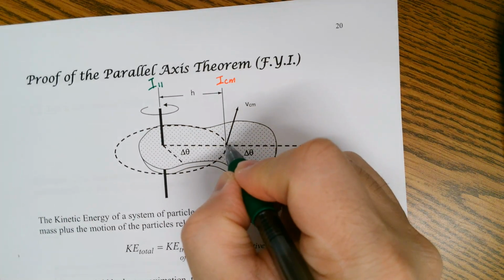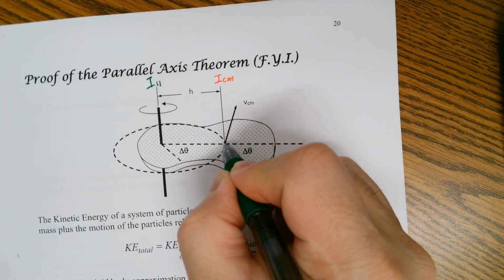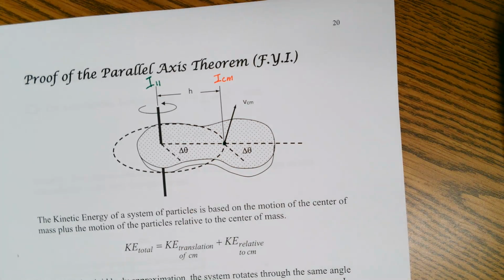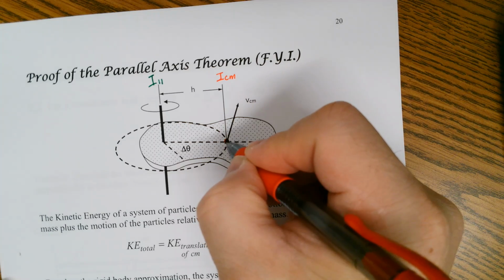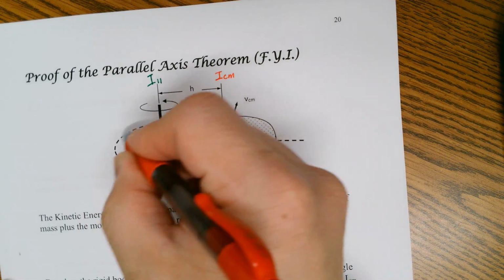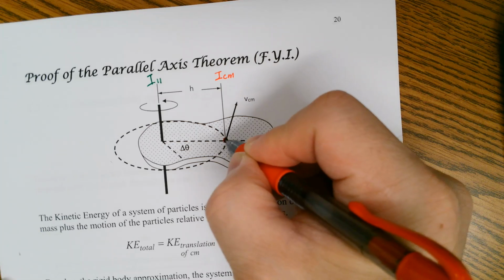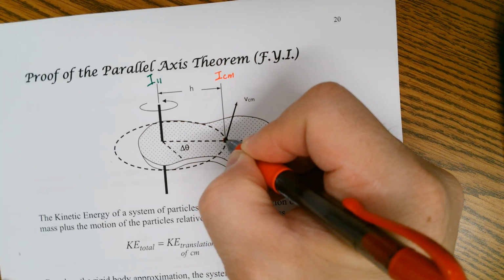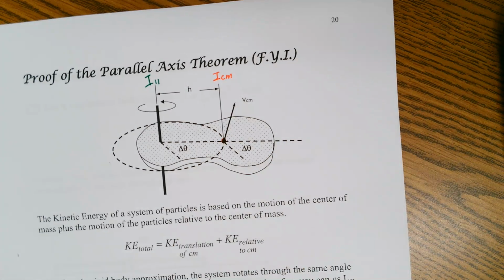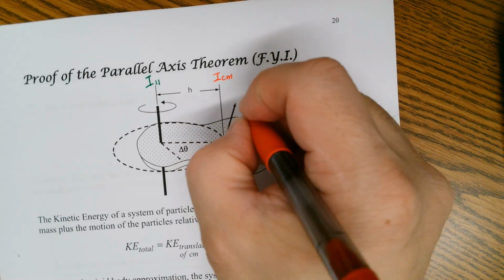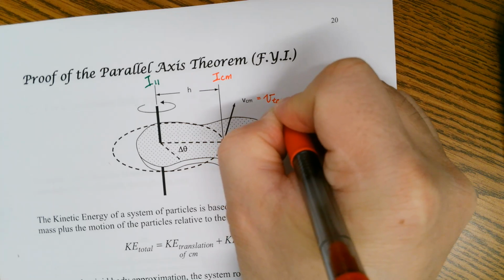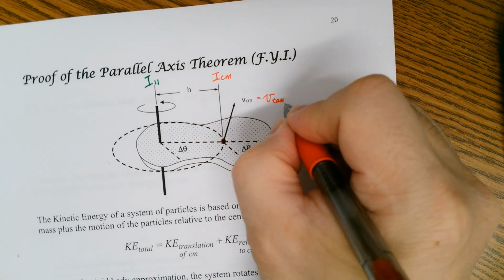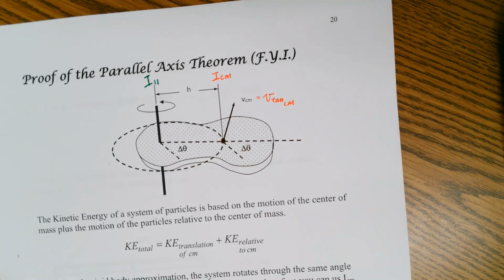So if the center of mass of this whole object happens to be located right here, then the rotational action of the center of mass and the velocity will be tangential to that, okay? So this will be V tangential for the center of mass, okay?